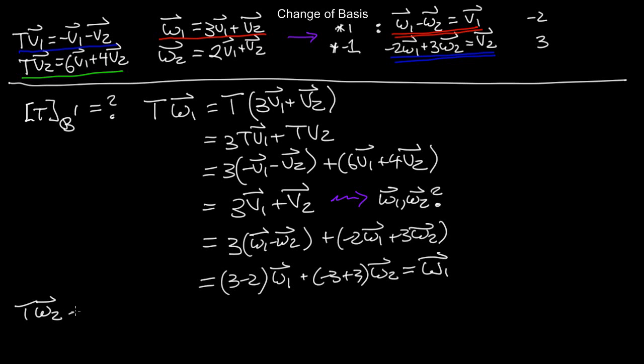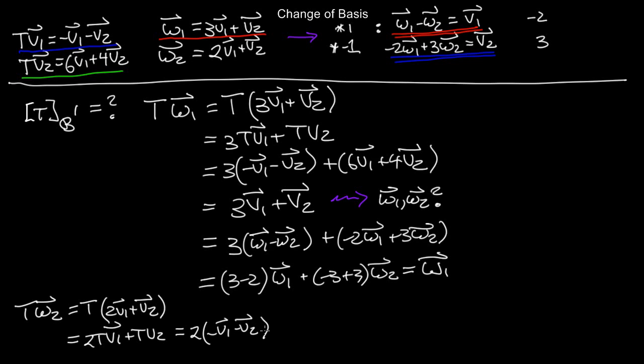So I need to do the same thing for W2. I'll do this sort of quickly. You write W2 as 2V1 plus V2. And so you get 2 TV1 plus TV2. And that's 2 TV1 is minus V1 minus V2. And TV2 is 6V1 plus 4V2.